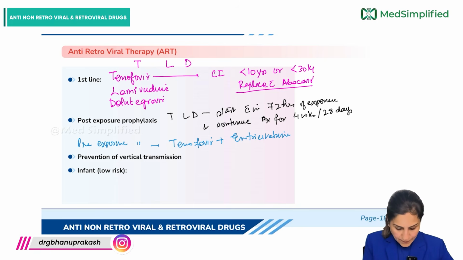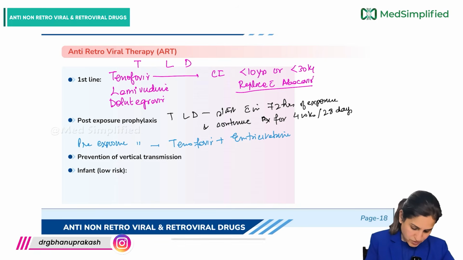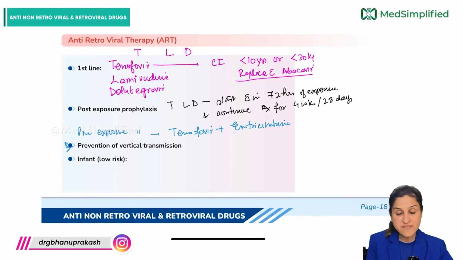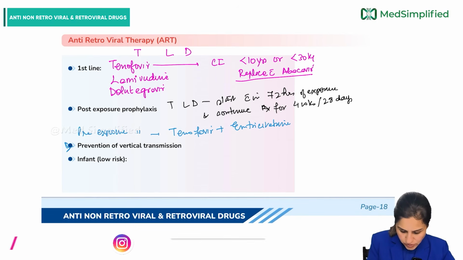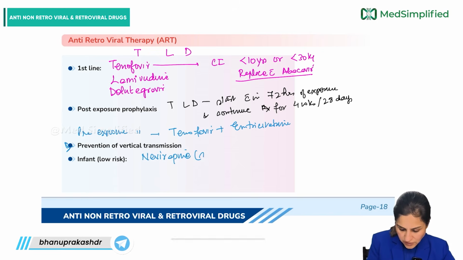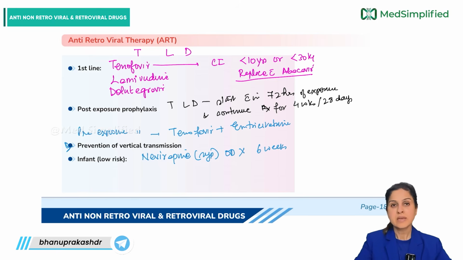All right. Prevention of vertical transmission. So very, very important that we use nevirapine. So low risk infant, you can just give this syrup of nevirapine OD for 6 weeks. Right?